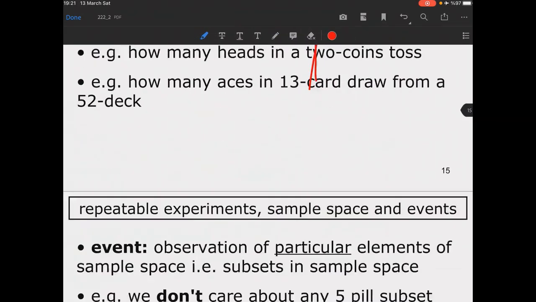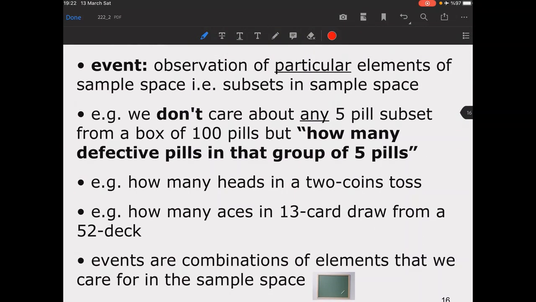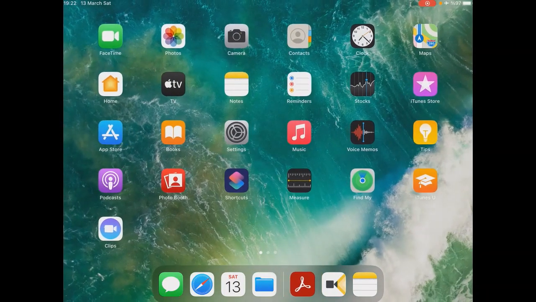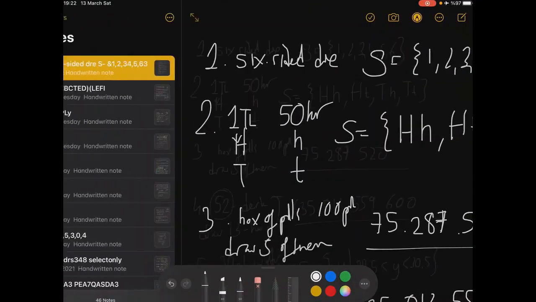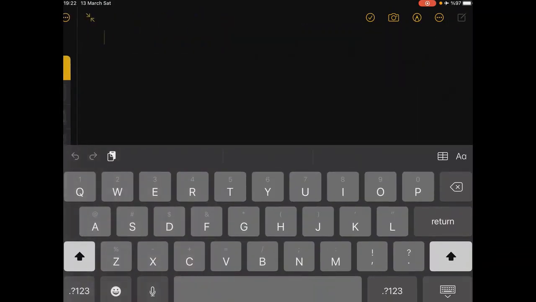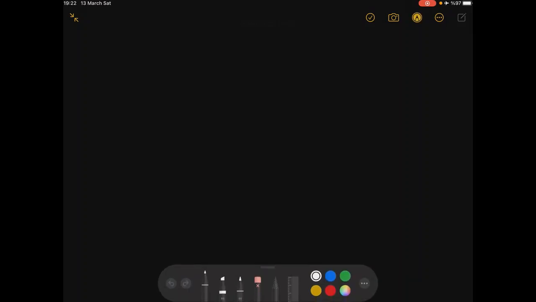That's the idea. The events are combinations of elements that we care about in that sample space. And how do we define them is like this. Let me just try to show it to you with sets.